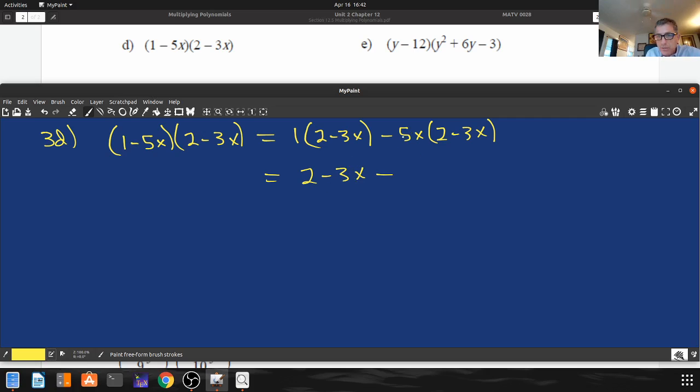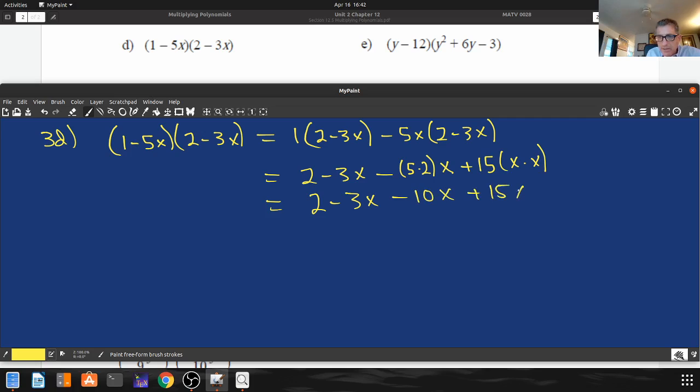Now this next one is minus 5 times 2 times x, and then minus 5 times minus 3 is plus 15 x times x. So this is equal to 2 minus 3x minus 10x plus 15.